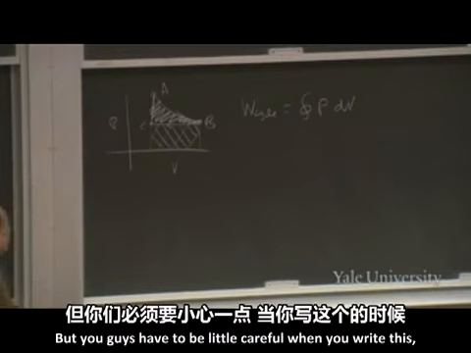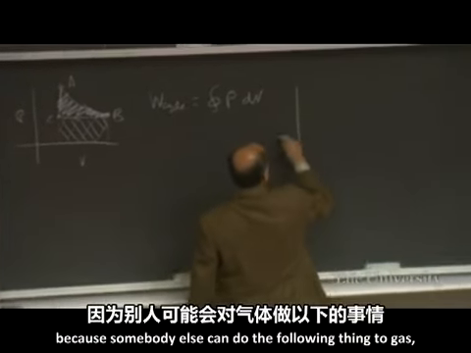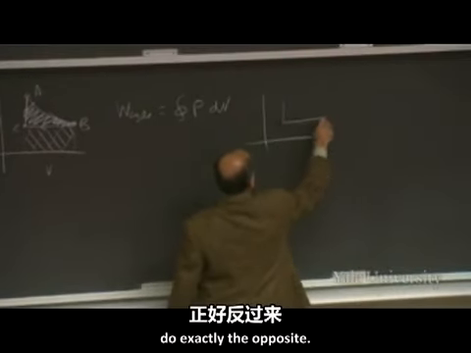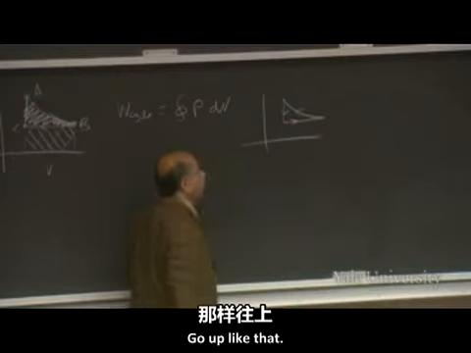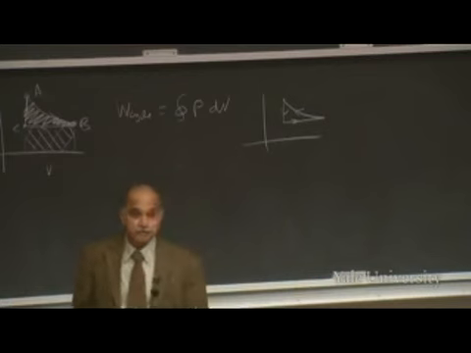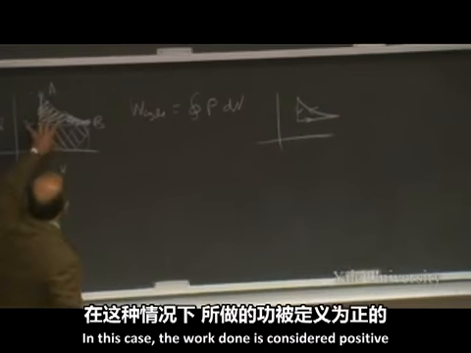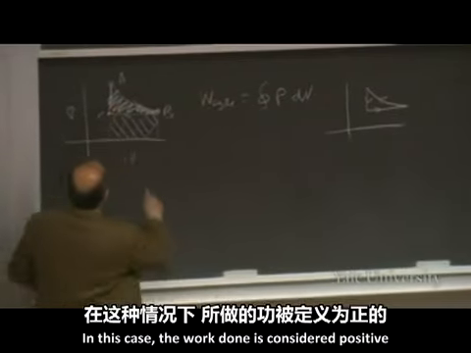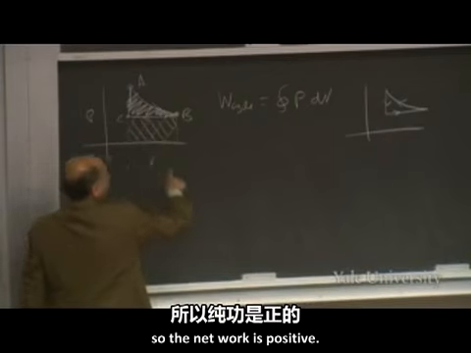But you guys have to be a little careful when you write this, because somebody else can do the following thing to the gas, do exactly the opposite. Come down like this, go down like this, and go up like that, the opposite way. In this case, the work done is considered positive because the part of it, AB, is taller than the BC point-wise, so the net work is positive.